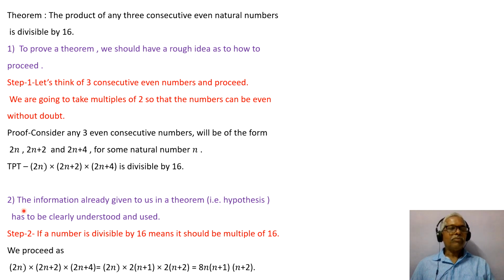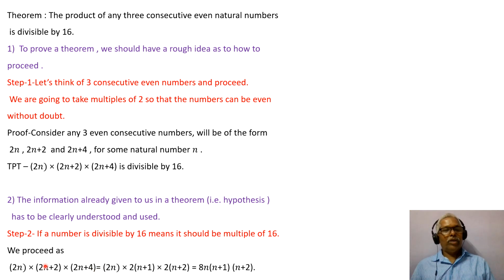The information already given to us in the theorem, that is the hypothesis, has to be clearly understood and used. Step 2: if a number is divisible by 16, it should be a multiple of 16, or a product. We proceed as we have just seen. 2n into 2n plus 2, the second even number, into 2n plus 4.